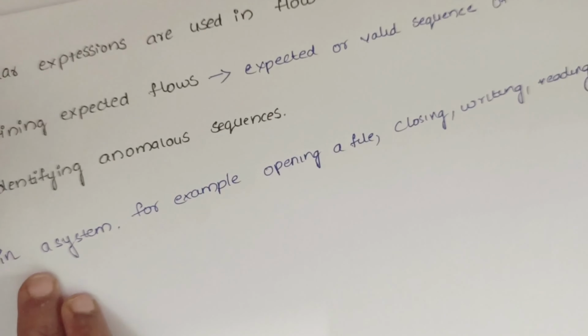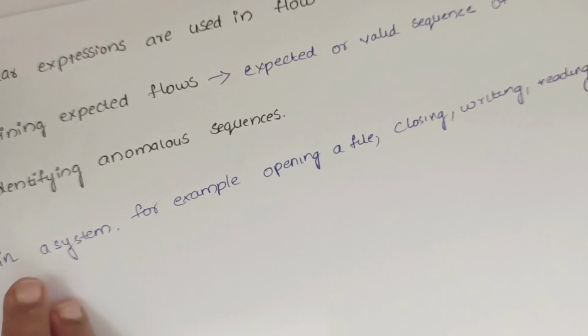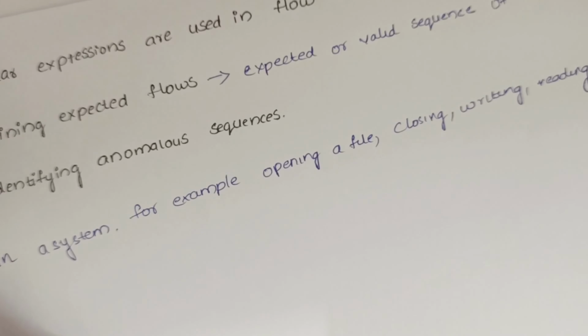Secondly, identifying anomalous sequences, which means comparing similar sequences. By comparing the actual sequence of events or operations against a defined regular expression, anomalies can be detected. Any sequence that does not conform to the pattern specified by the regular expression is flagged as an anomaly.